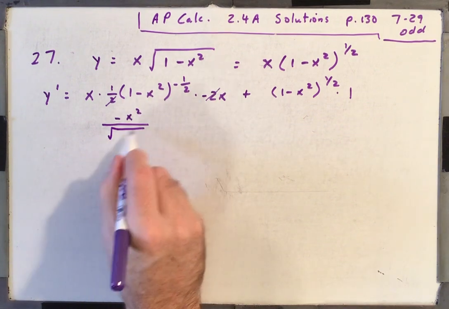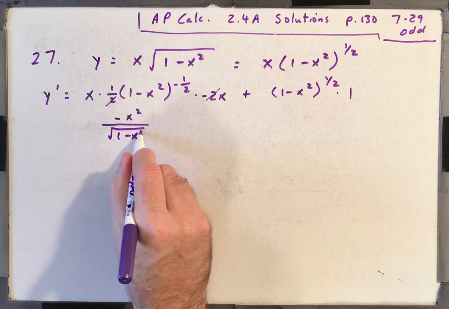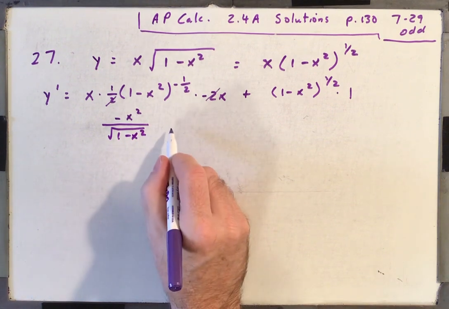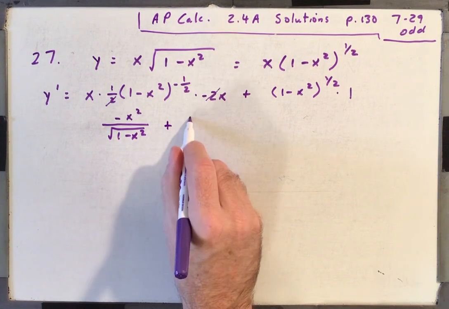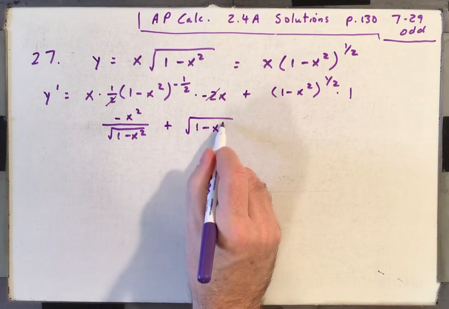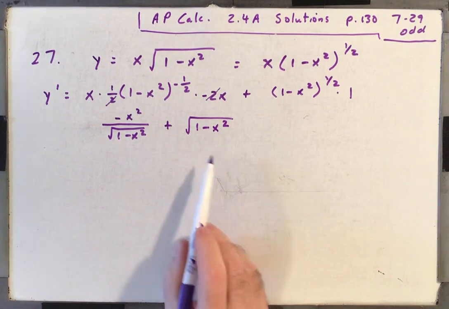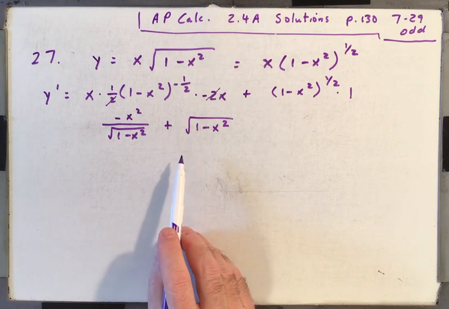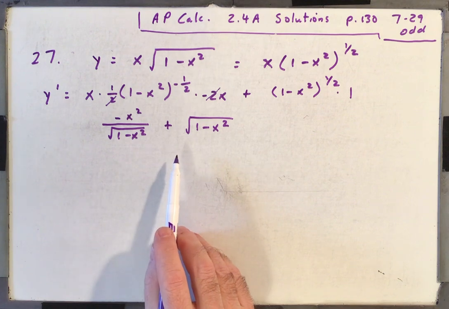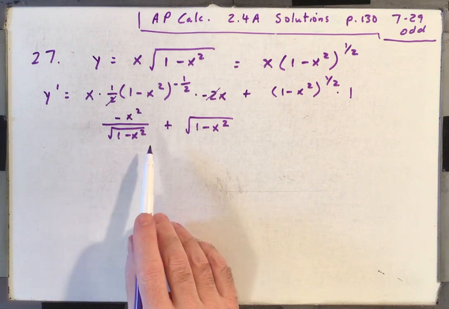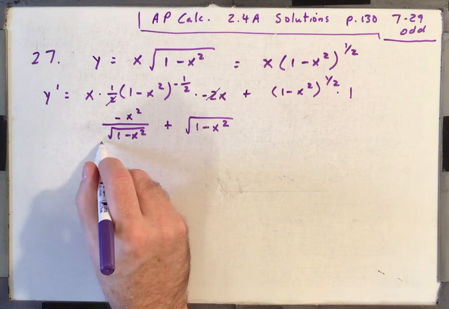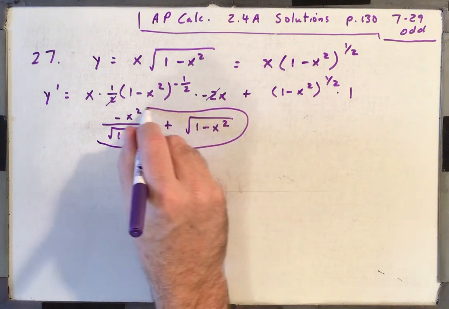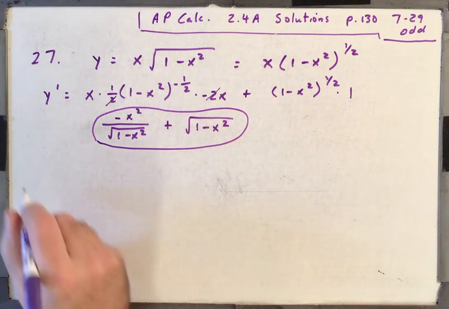So we'll write it as negative x squared over the square root of 1 minus x squared plus the square root of 1 minus x squared. Now the book probably will get a common denominator and do all sorts of nasty stuff, but this is perfectly fine with me. You can leave it just like this and don't combine those two terms like the book does.